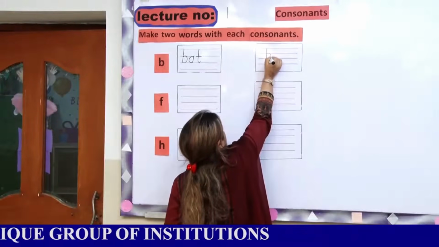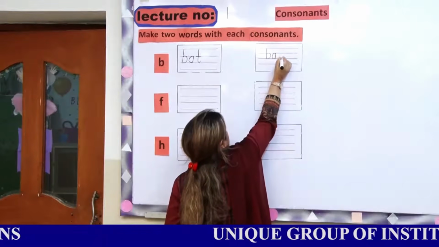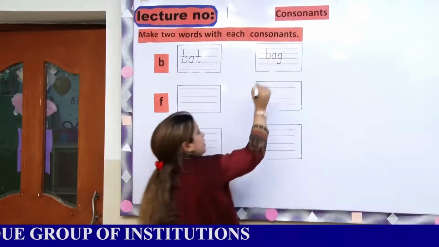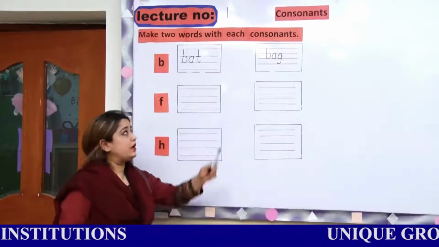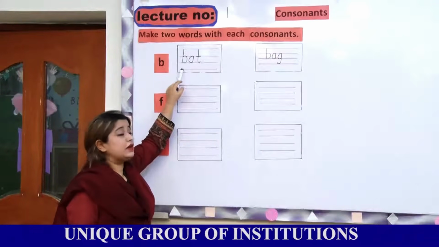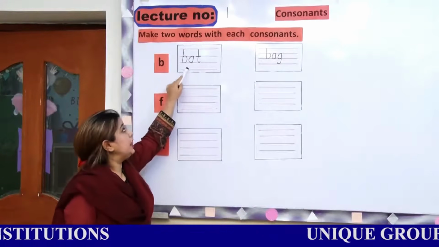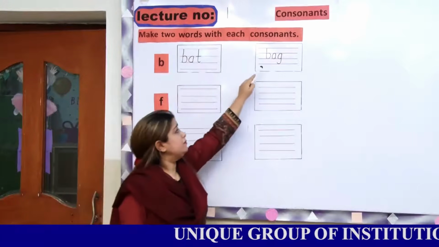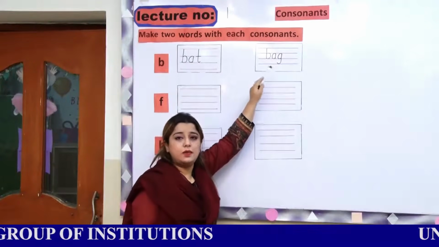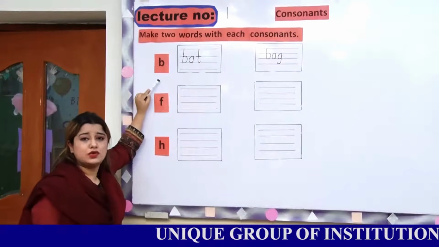B, A, G. Bat, bag. You have to learn their spellings also and you will read them in phonics. B, A, T, bat. B, A, G, bag. So we have made two words with the first consonant.